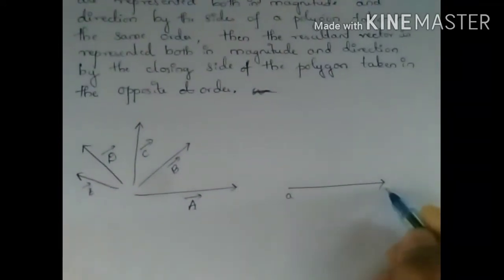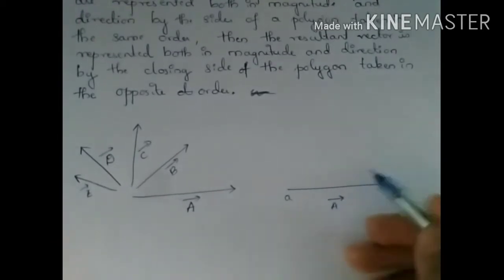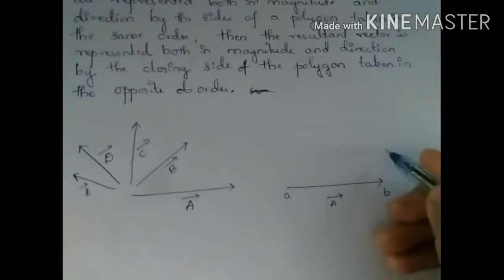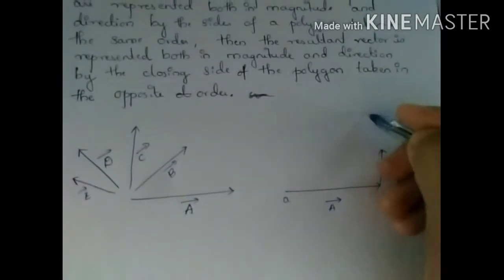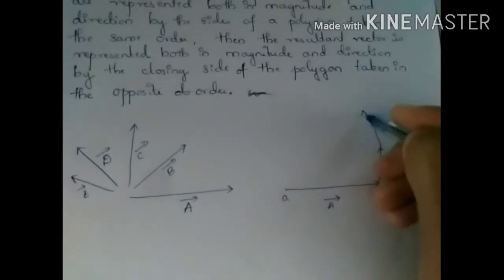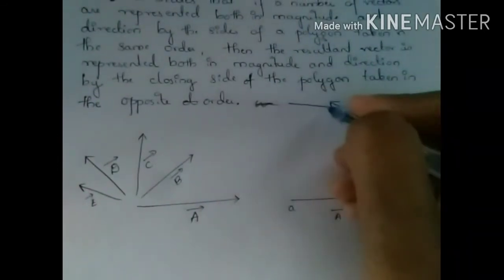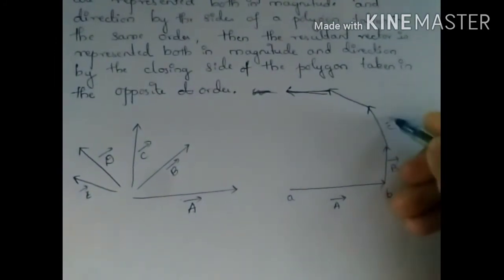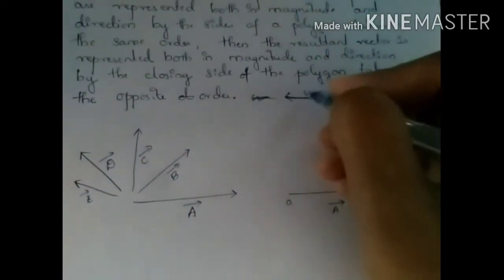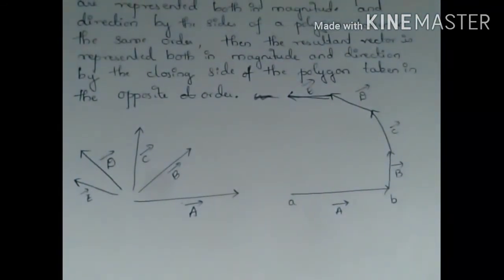Let's suppose AB forms the vector A, and from here you have vector B, vector C, vector D, vector E. So you have all the vectors drawn in a particular order.